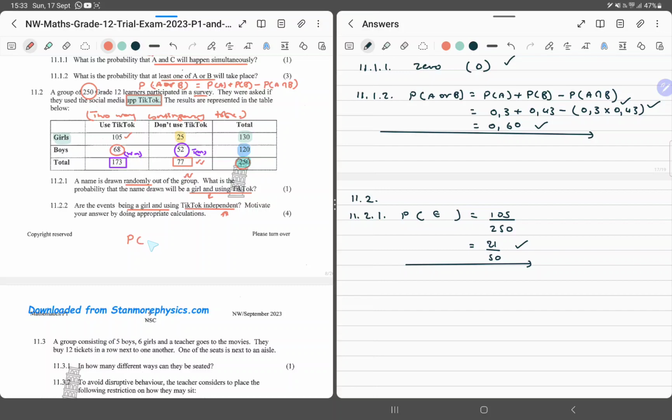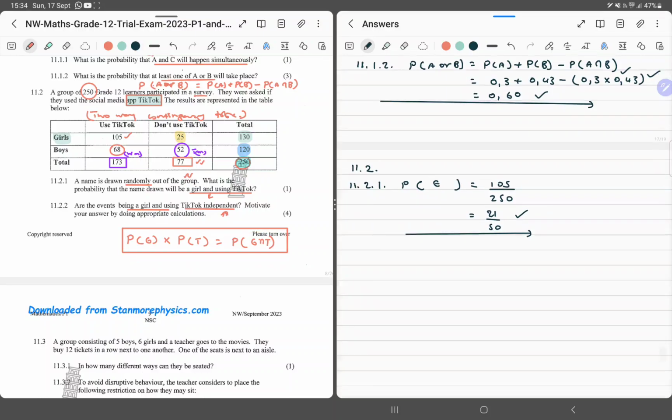We need to find that P of being a girl multiplied by P of using TikTok is equal to the probability of being a girl and using TikTok. So we are trying to test the product rule in this regard.